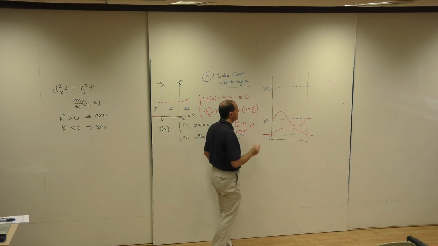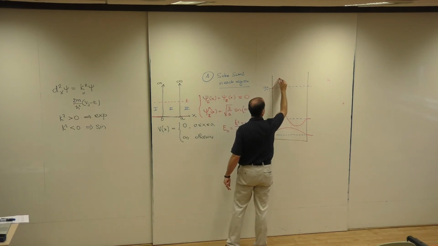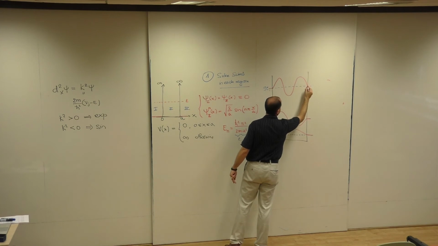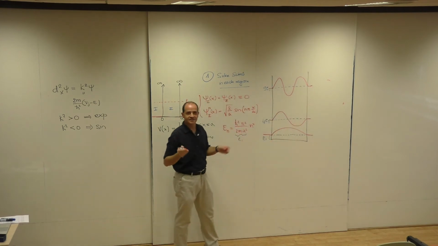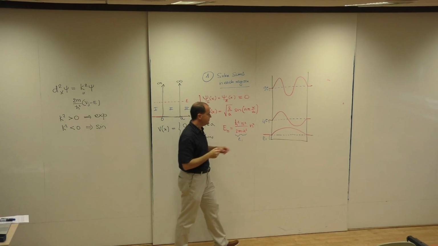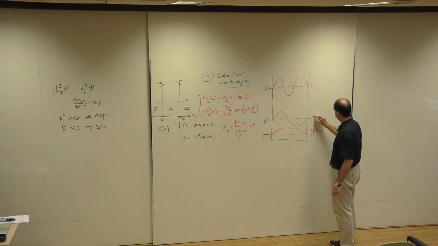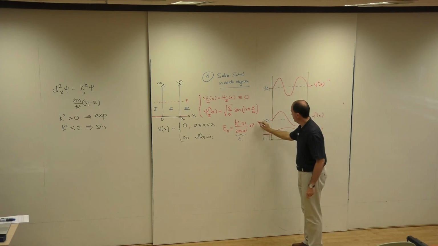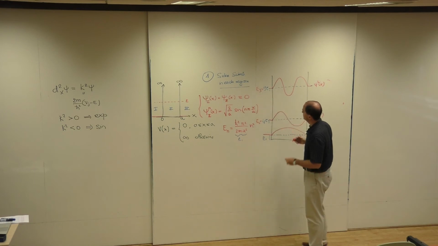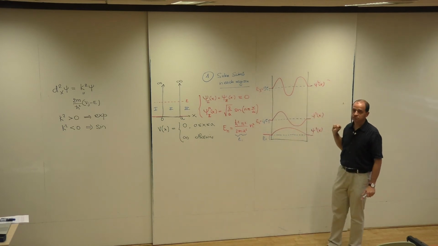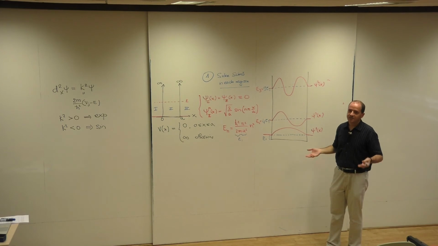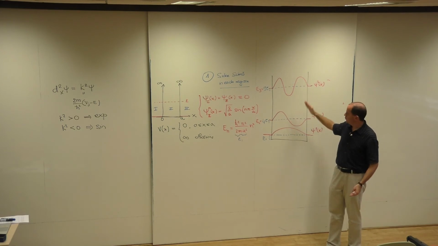And then the third, and I think you can guess the other ones. So this is my psi 1 of x, psi 2 of x, psi 3 of x, corresponding to E1, E2 being equal to that, E3 being equal to this. Okay? So this is the mathematically simple solution of the infinite potential well.